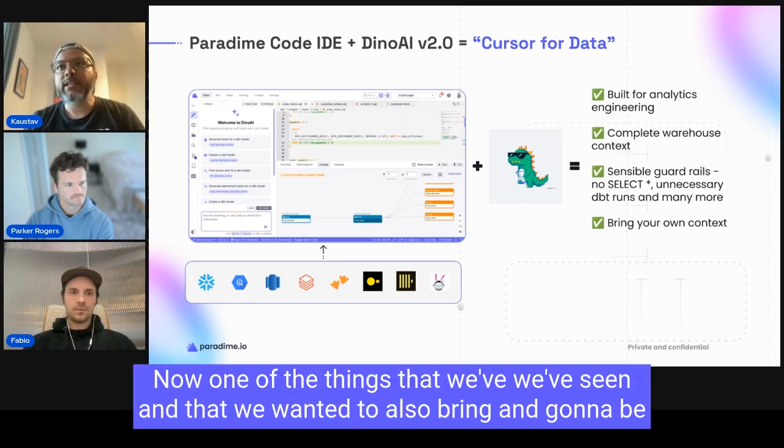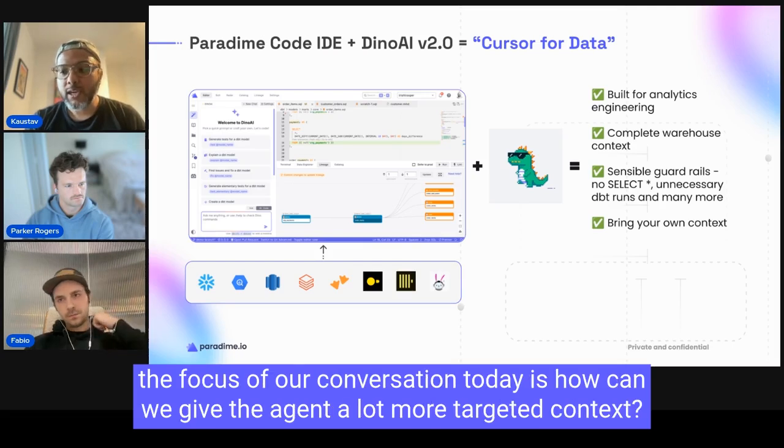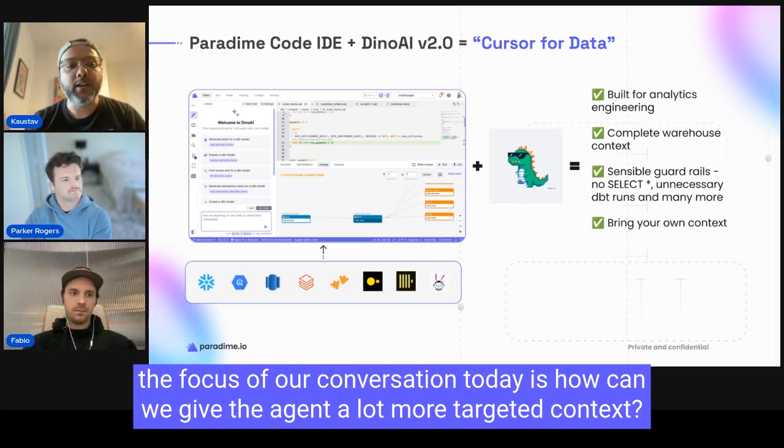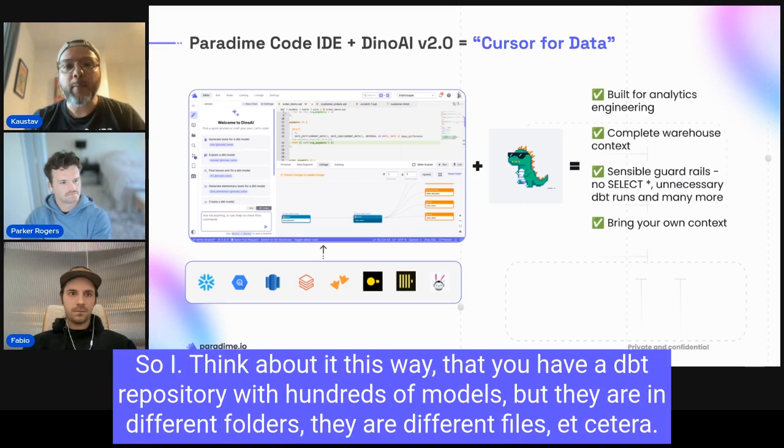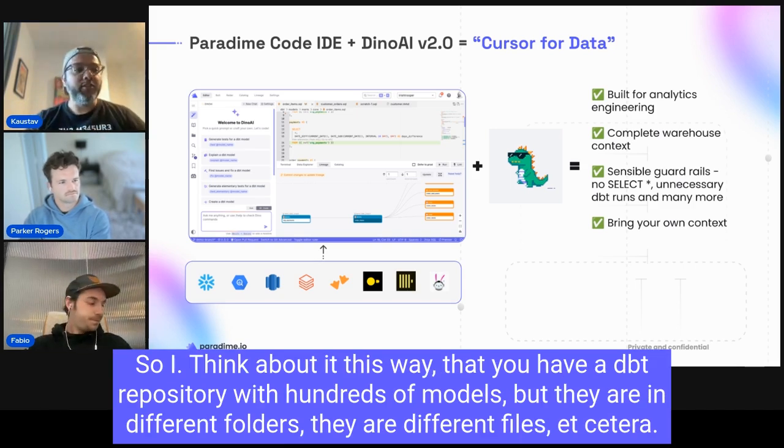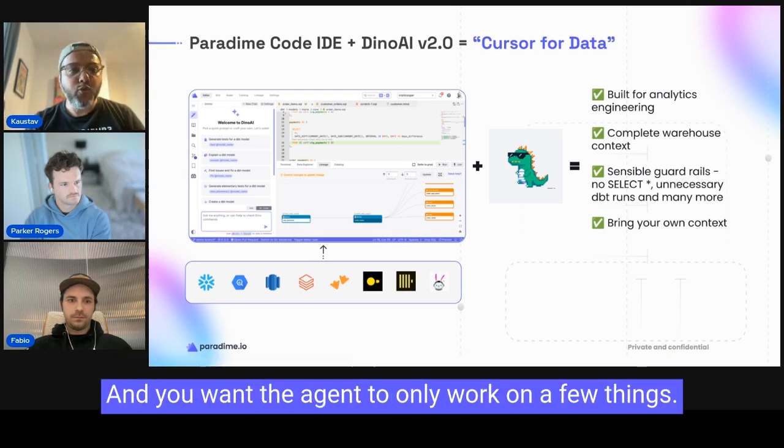One of the things that we've seen and that we wanted to bring, and that is going to be the focus of our conversation today, is how can we give the agent a lot more targeted context. Think about it this way: you have a DBT repository with hundreds of models, but they are in different folders, they are different files, etc. And you want the agent to only work on a few things.